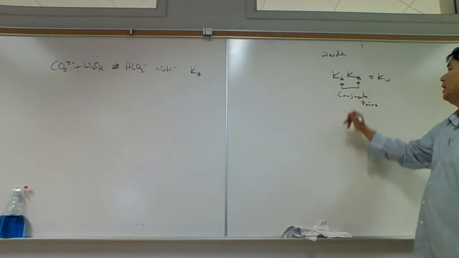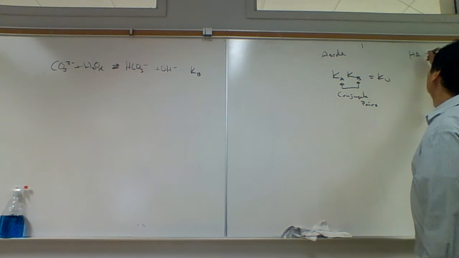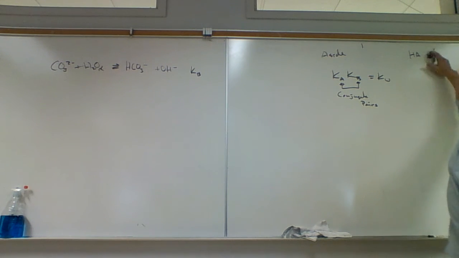So take a generic acid, HA plus H2O. This is going to go to H3O plus and A minus.